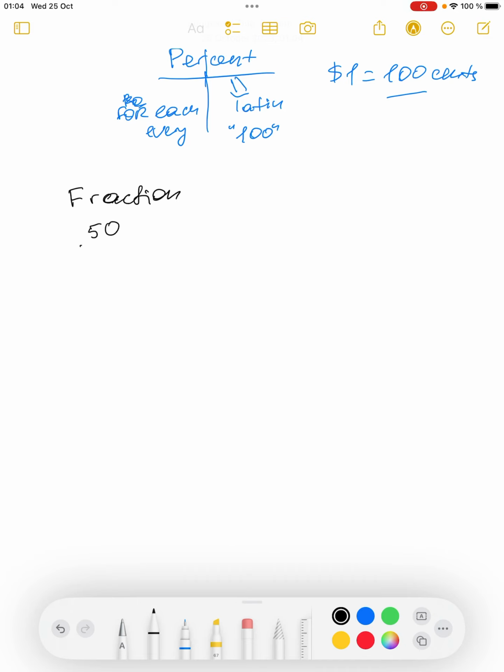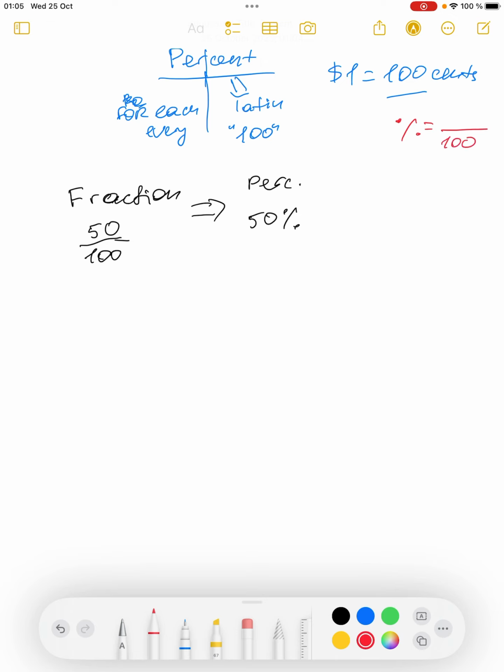So for example, we have 50 over 100, that's your fraction, but if you want to convert it into a percentage, it would be 50%. So this symbol is actually just this.